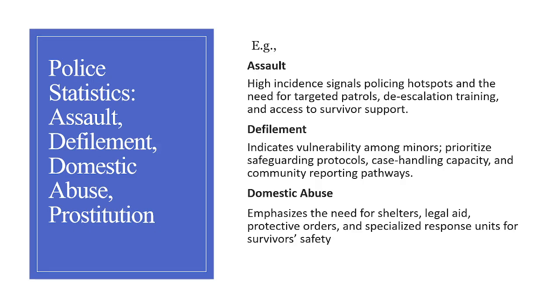So getting information on assault, defilement, and domestic abuse is also important, so that the company can develop measures to support workers who may be affected by this, and also to protect the workers. For example, if an employee is attacked by a mob, there must be a way of ensuring that these employees are protected.